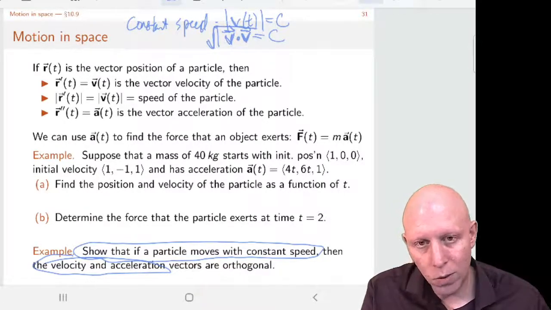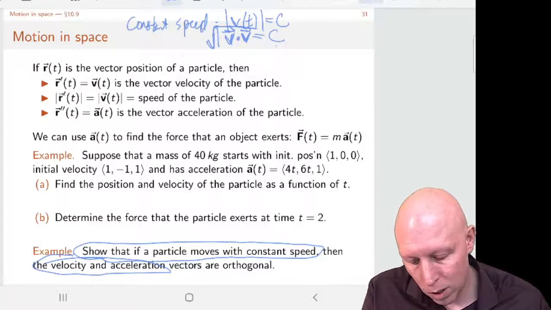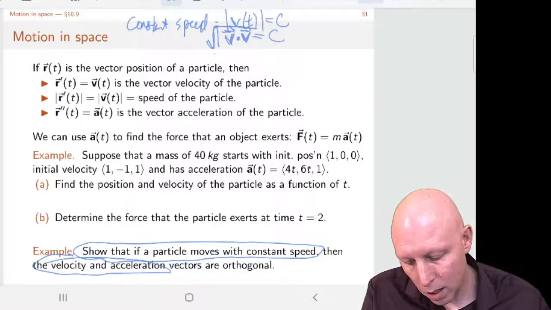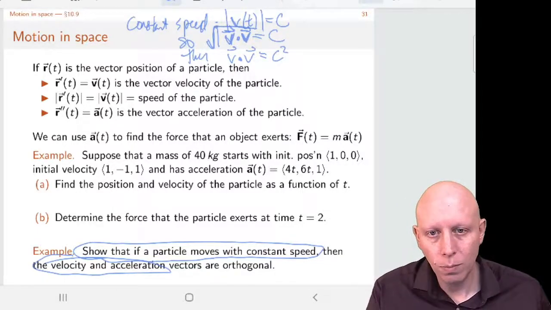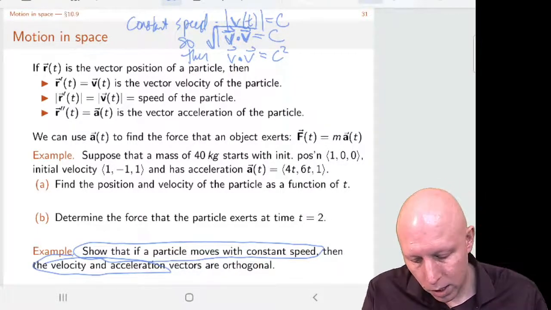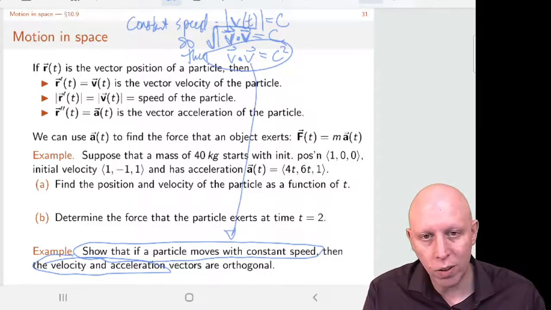And if the square root of the dot product is equal to c, then v dot v is equal to c squared, some other constant. All right, so this is a mathematical way to say a particle is moving with constant speed.